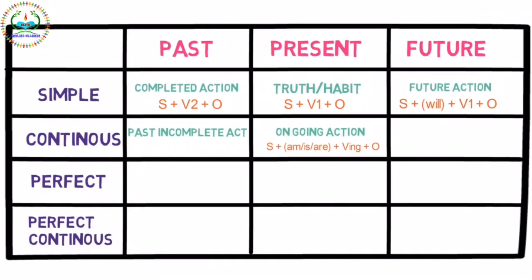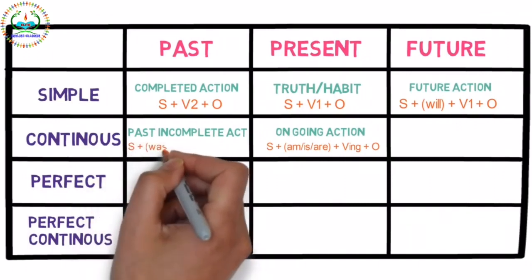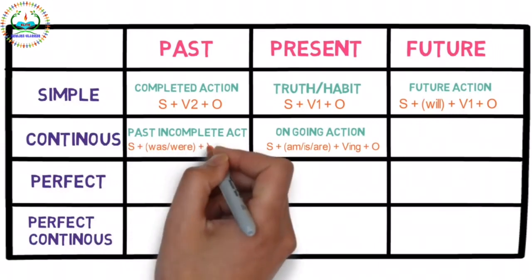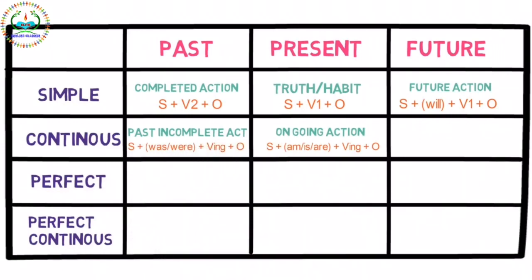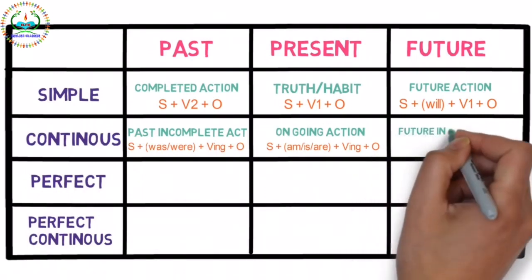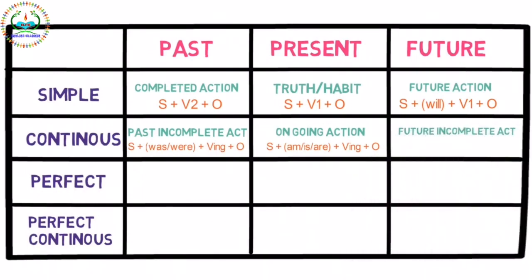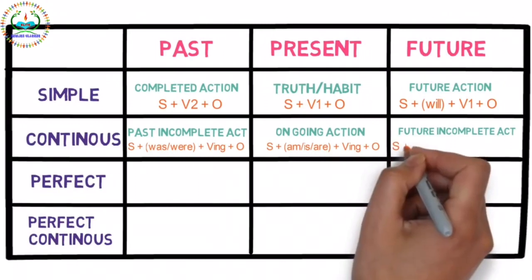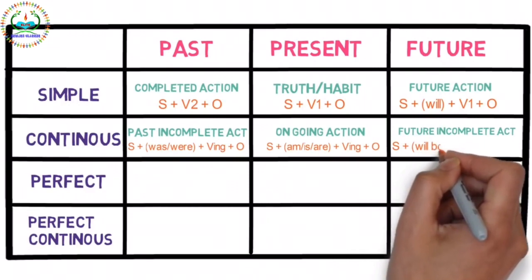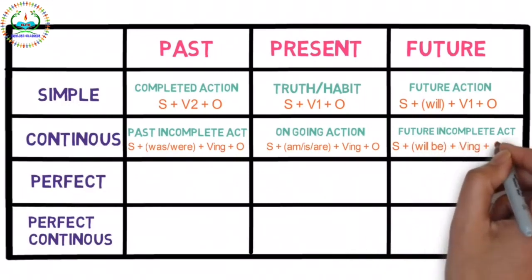Structure of it is subject was or were plus verb's ing form plus object. In the future continuous tense, we refer to future incomplete activity until some another event occurs. Structure of it is subject plus will be plus verb's ing form plus object.